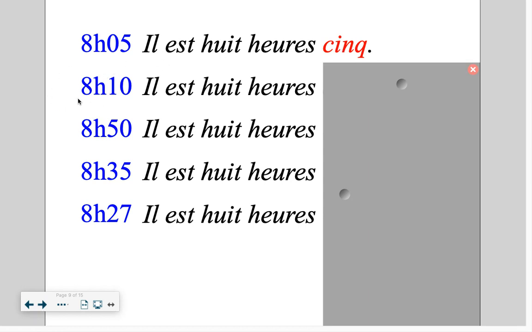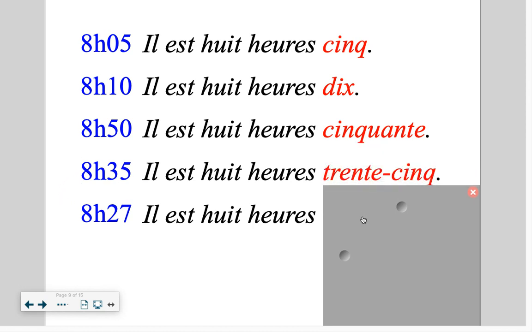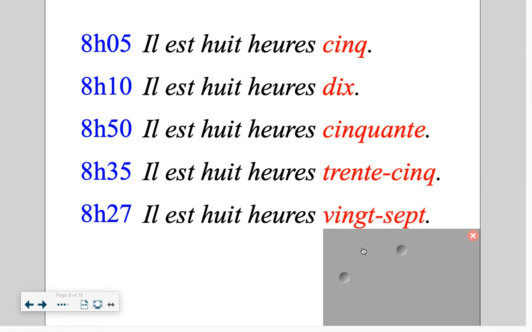So then this one would be 8 heures 10. 8 heures 50. 8 heures 35. 8 heures 27. Okay, now remember that if you don't remember your numbers, please study them because you're going to need them to tell time. So you can always go back and do that.